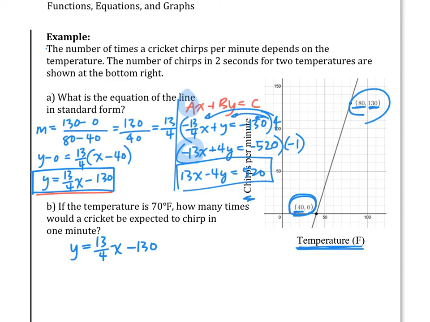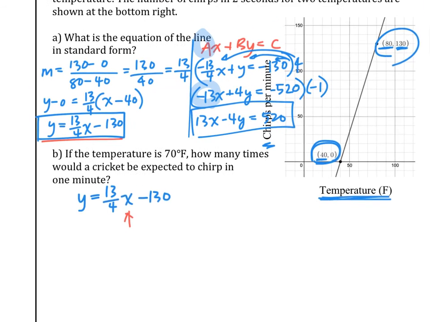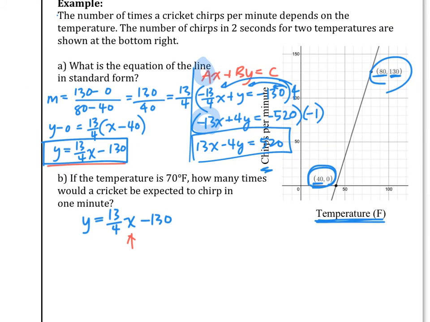So let me ask you a practical question. What does x refer to? Is x the temperature or the chirps per minute? You have to think about this in real life scenario. What are we graphing? And what does x actually mean? Is x the temperature or is x the chirps per minute?